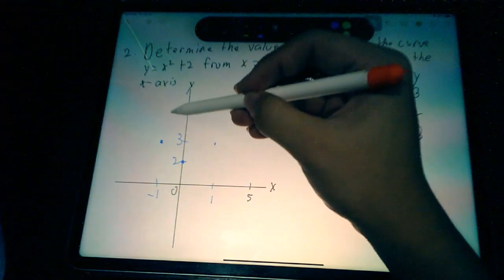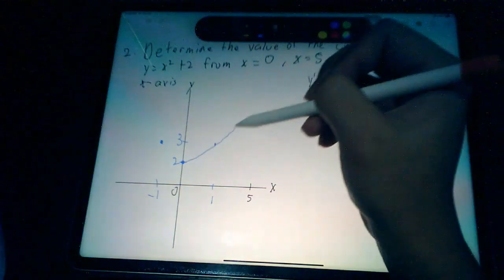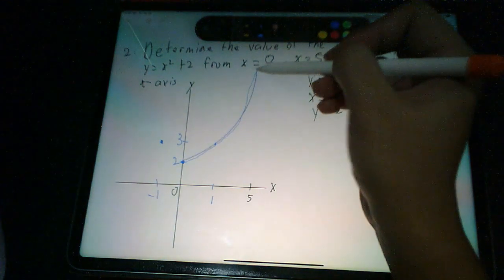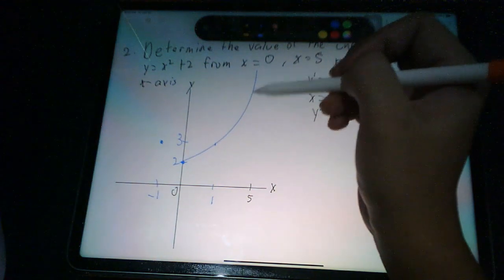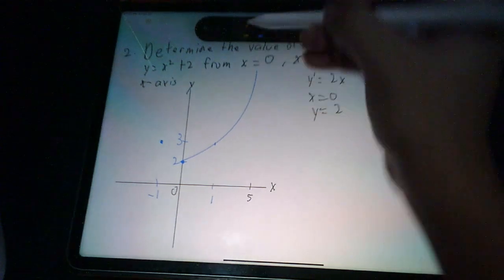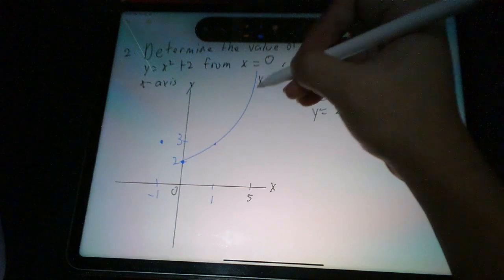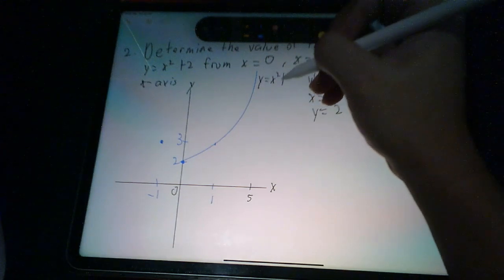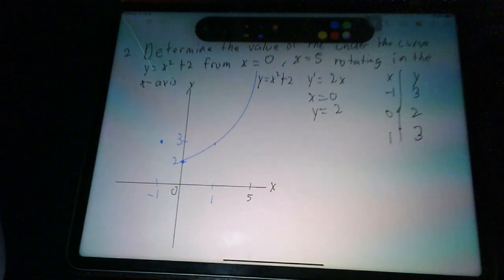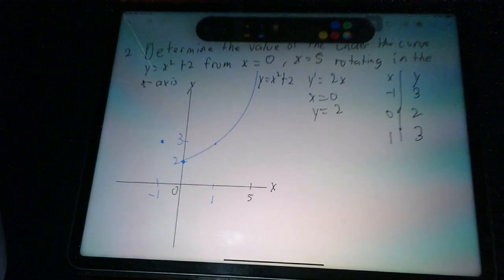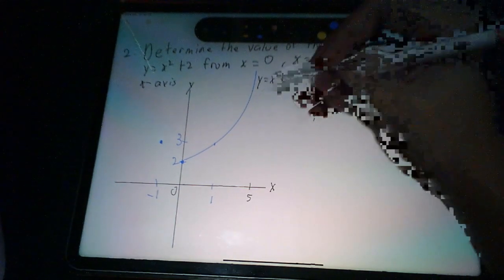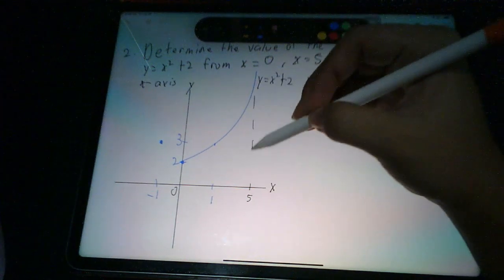So let's put that here. Let's say this is our parabola, and our parabola is y equals x squared plus 2. So this is our area of interest.